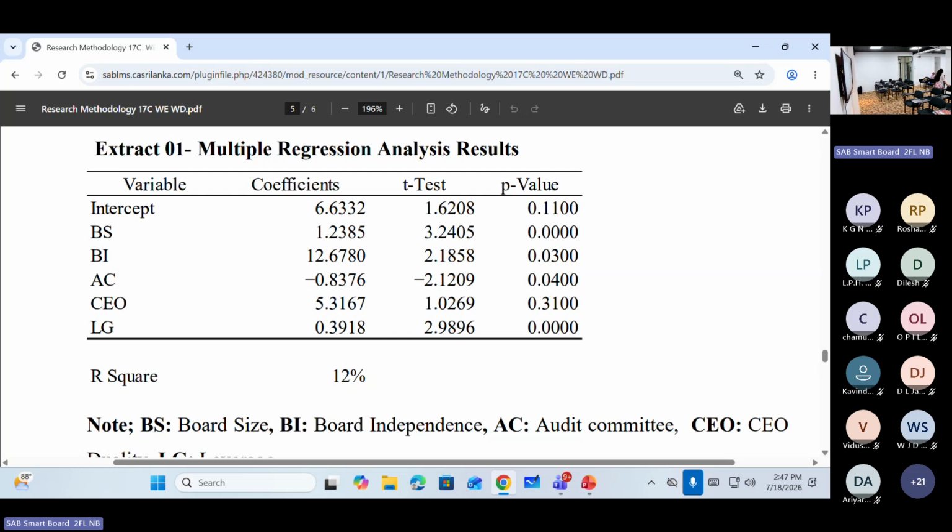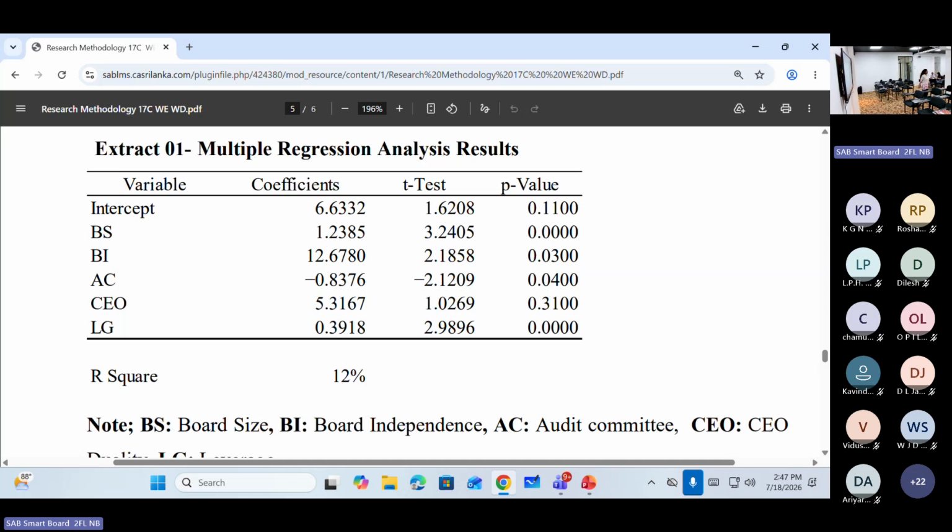Companies should not focus on CEO duality in enhancing or increasing financial performance, since H4 is rejected. Right?